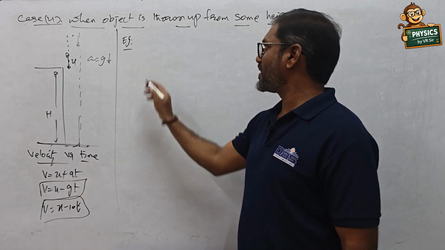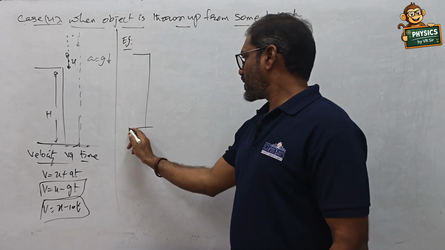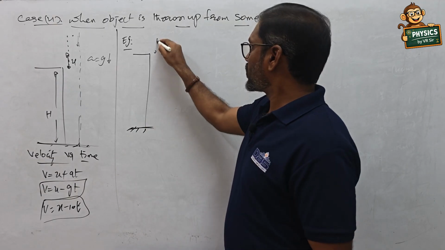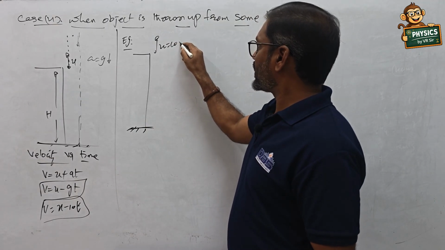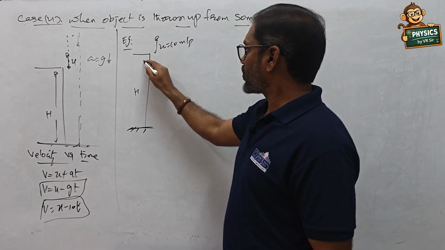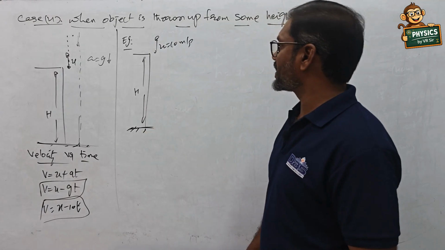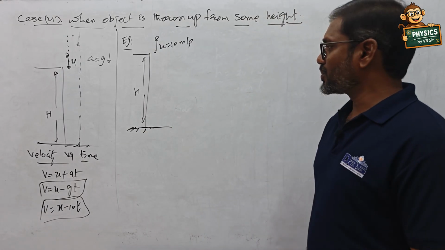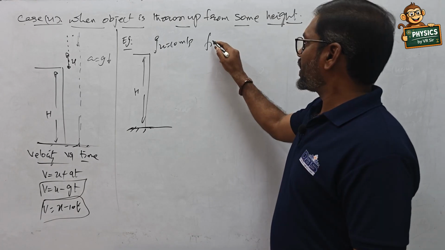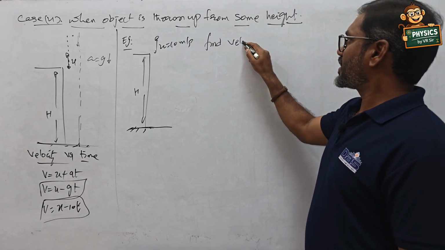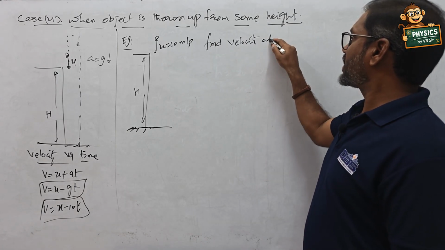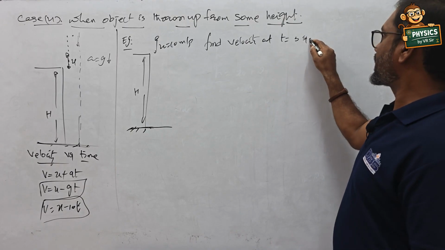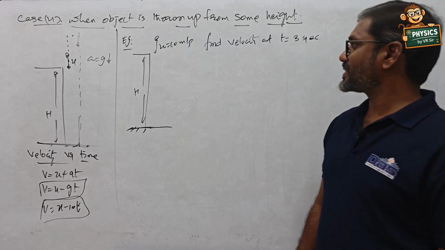Now let's take an example. The object is thrown up with velocity u equal to 10 meters per second, whatever the height may be. Find the velocity at t equal to 3 seconds.